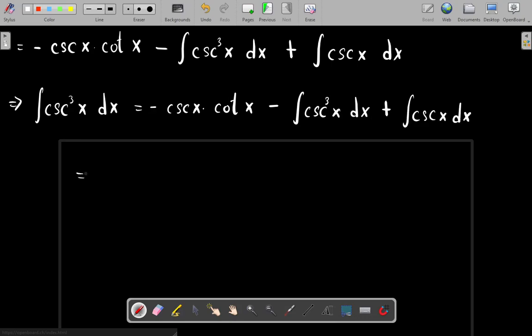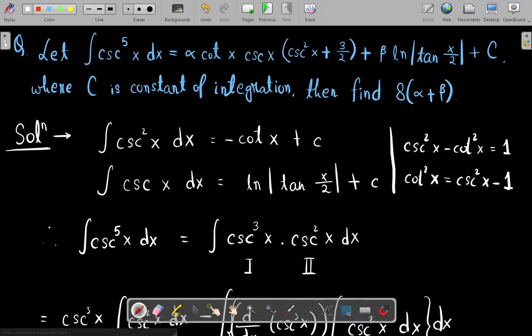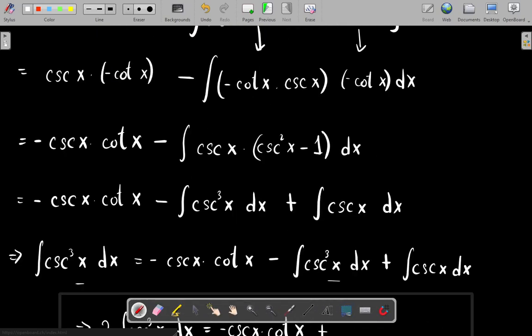Okay, so again you see this term and this term are same, so if we take this to the left hand side, we get 2 times integration of cosec cube x dx is equal to minus cosec x cot x, and integration of cosec x dx, right? This is ln of mod tan x by 2. Okay, this is there in the given question also. Okay, so we are going to use that part.